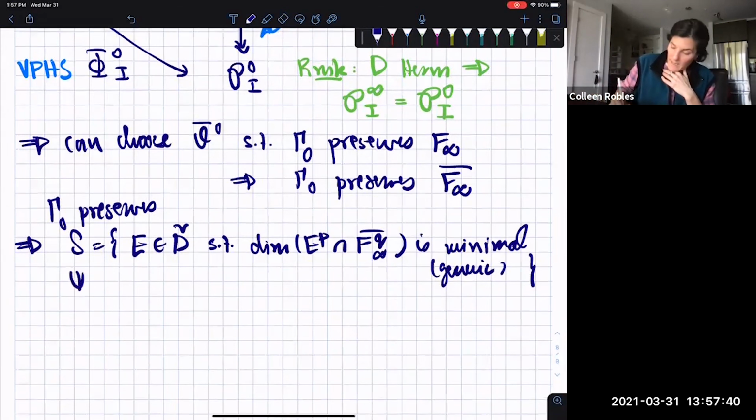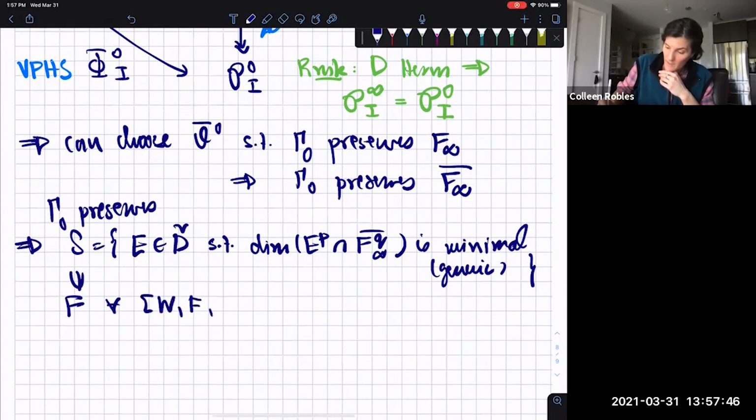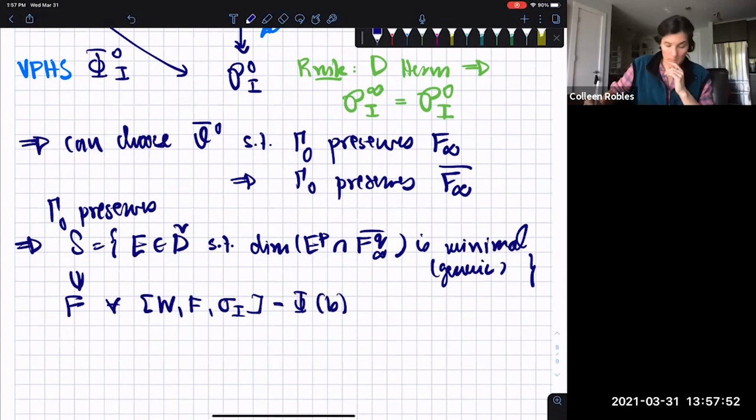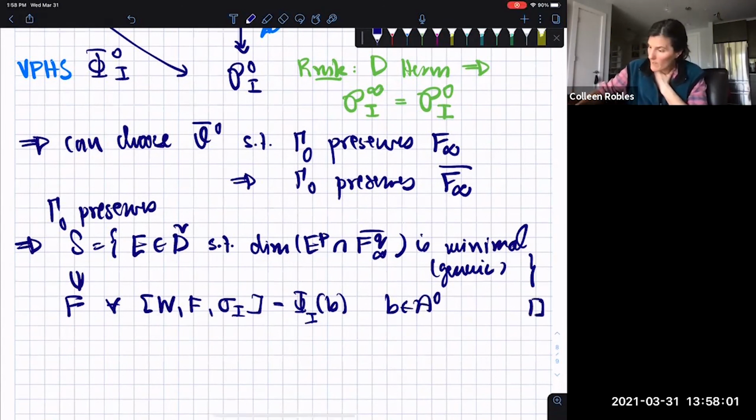And the Schubert variety contains the Hodge filtrations for all of the limiting mixed Hodge structures for points inside this fiber that we're considering. And that's enough to conclude the theorem.